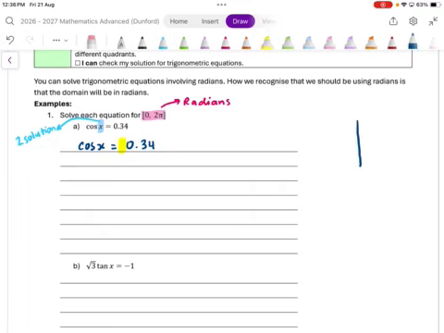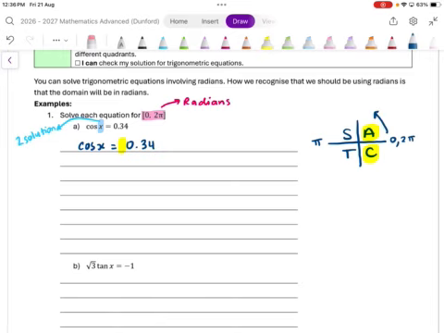Our 0.34, is it positive or negative? Positive. So because it's positive, we are working in our ASTC. So we're in our positive quadrants for cos. So that is our A quadrant is always positive and our C quadrant. Now, with our ASTC, when we're talking about radians, it goes around from 0 to pi, because pi is 180 degrees, to 2 pi is 360 degrees.